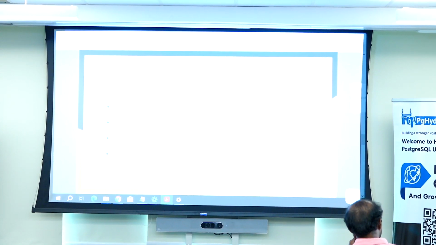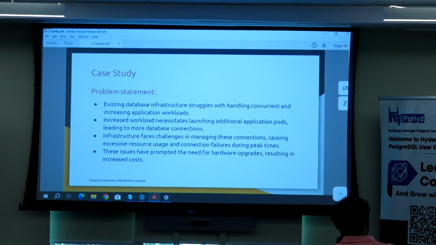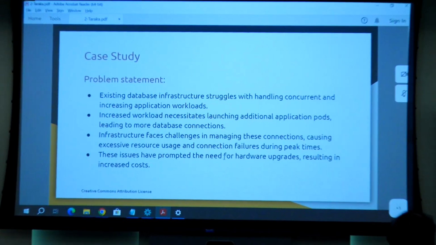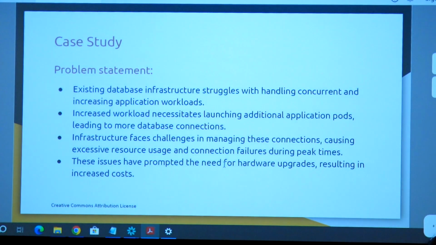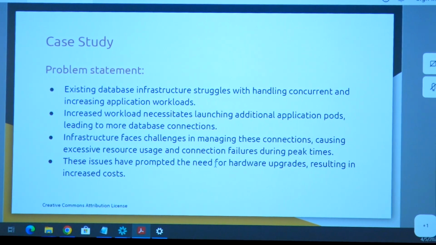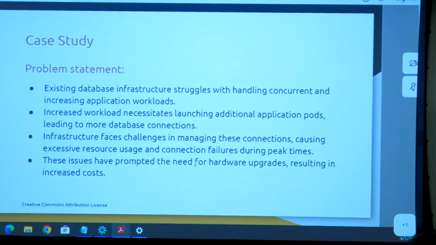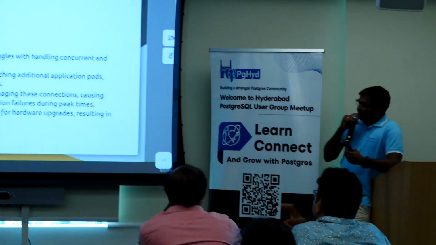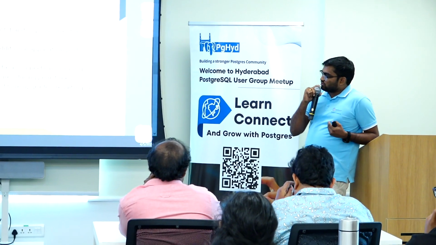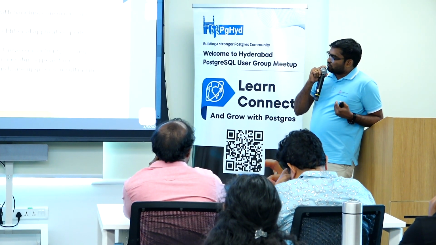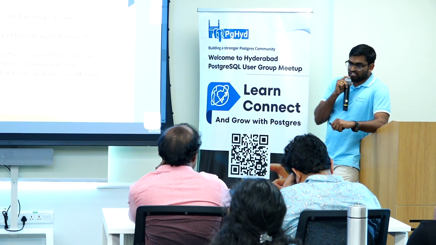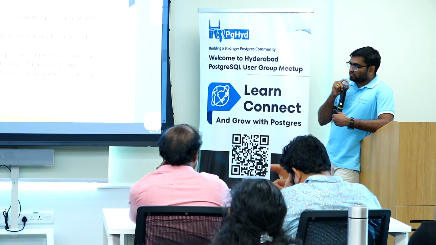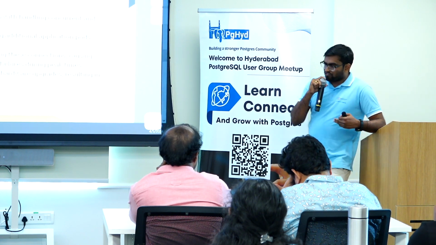Whenever a tenant came into the picture, they would spin up multiple pods and run the applications for them. It's a SaaS platform. They deployed that, but they were not able to scale the database infra.